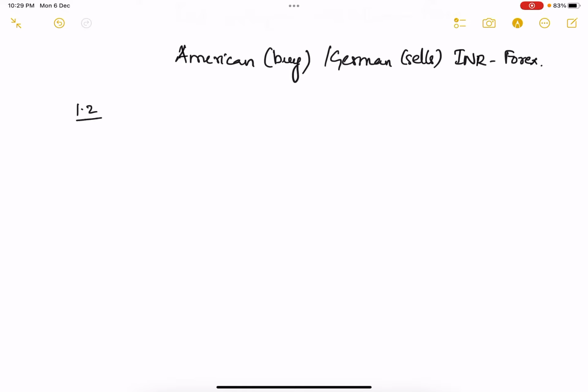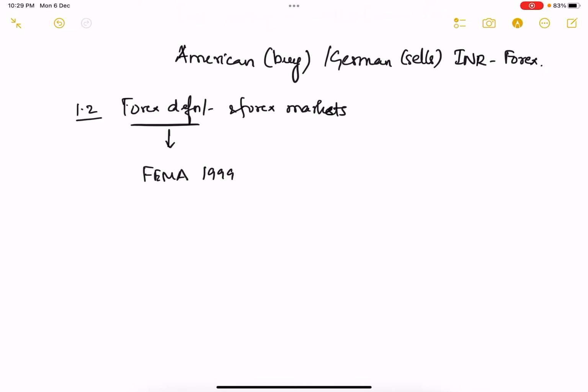The next topic is foreign exchange definition and foreign exchange markets. Foreign Exchange Management Act 1999 Section 2 defines what foreign exchange is. I usually refer to the Macmillan book for CAIIB because it is considered to be the best guide.